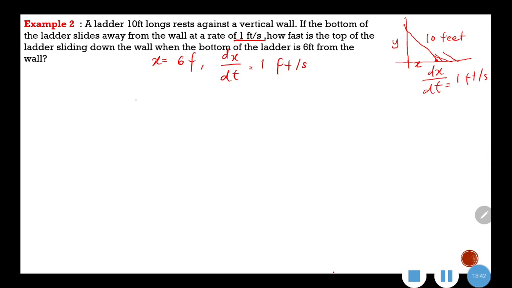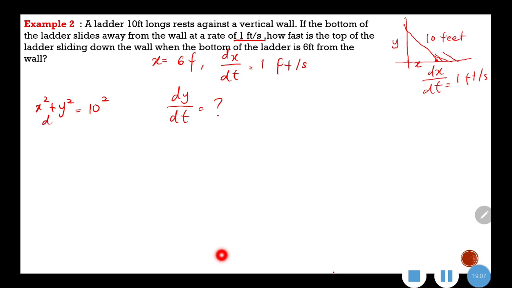Also we want to find dy over dt. We know that x squared plus y squared equals 10 squared. Why do we use this equation? This is the Pythagoras theorem.